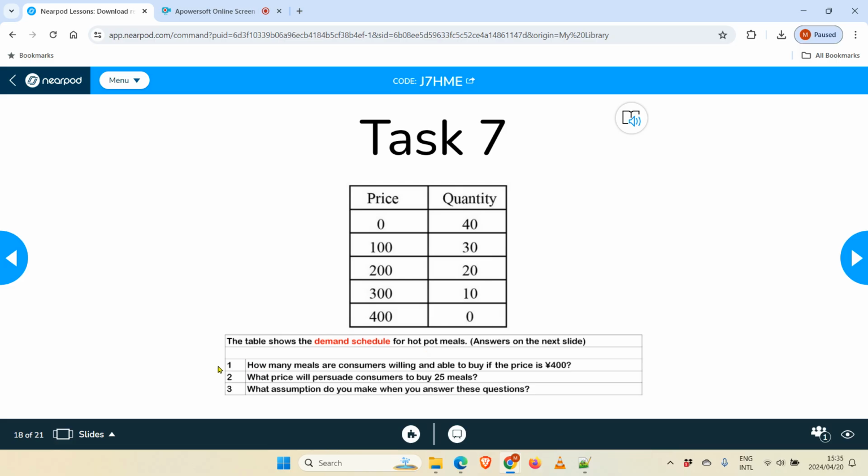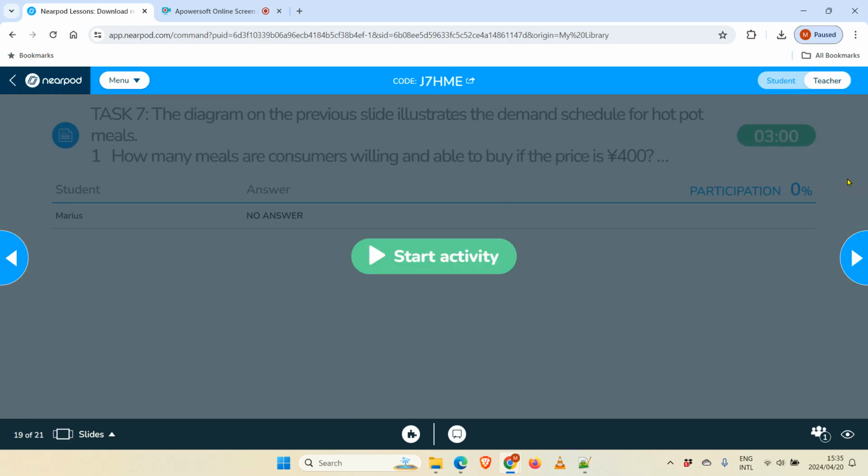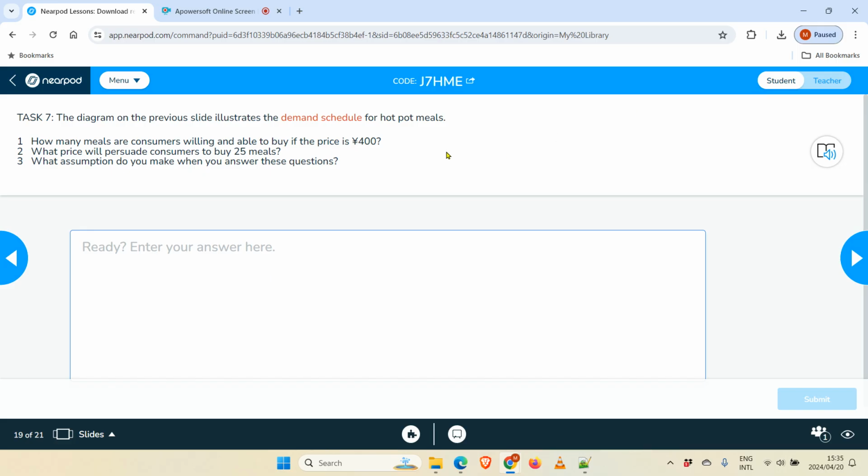So here are a few questions based on this table, which the students will be able to answer on the next slide. The teacher will start the activity and the students will answer in this space. So that's for students to understand and practice the demand schedule.